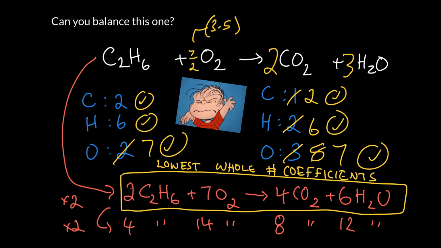So there is only one equation that has these values here, and so that's why on an exam we will often say balance this equation using the lowest set of whole number coefficients, and then what's the number in front of the O2? And if we don't say use the lowest whole number coefficients, then we could say 7 or 14 or 21 or 3.5. Actually, any value would technically be correct. So almost always on an exam we will write lowest whole number coefficients, particularly if it's a multiple choice exam.